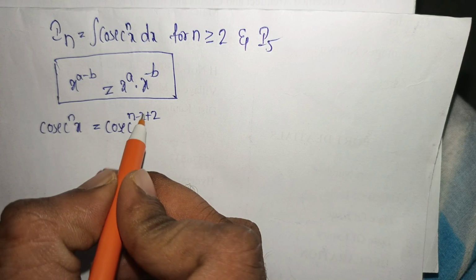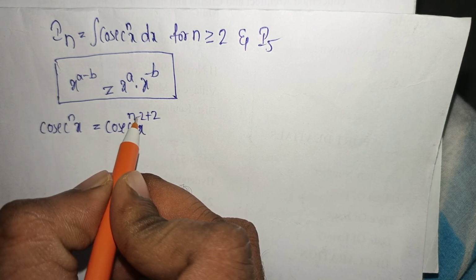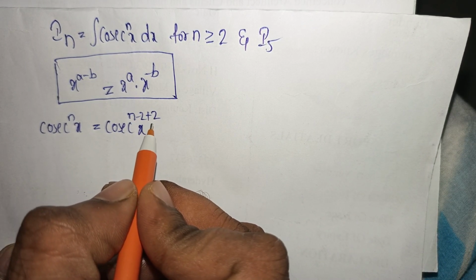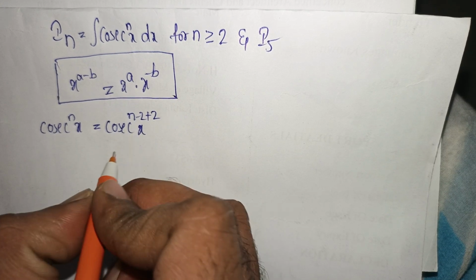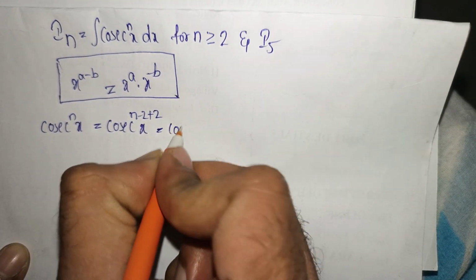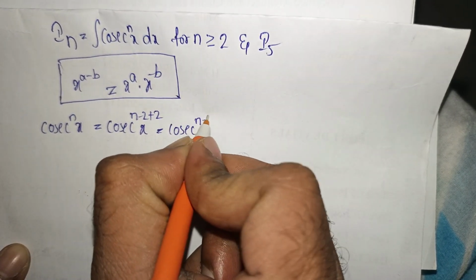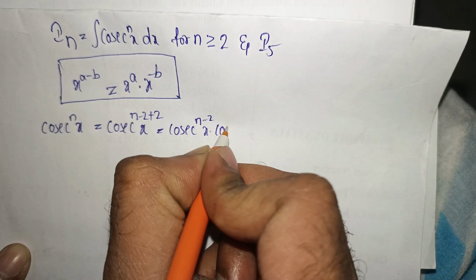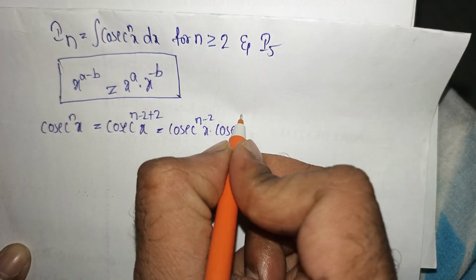If you just add and subtract this, nothing is going to change, right? You can write this one as cosecant to the power of n minus 2 x into cosecant square x.